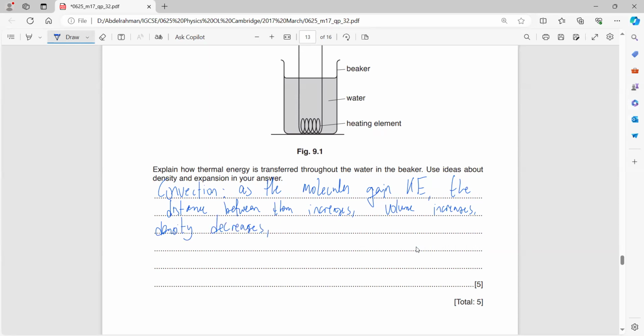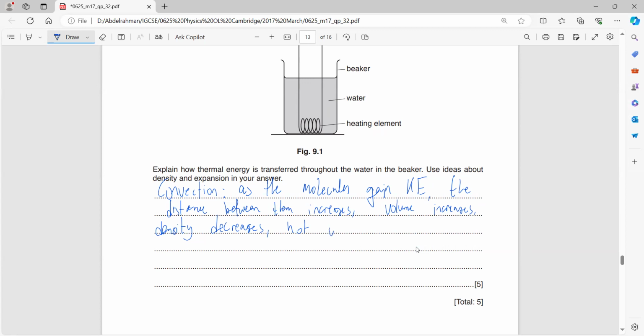Again, when the density decreases, you have to say the hot water. If you ever say that the heat rises, that's wrong. If I were the examiner, I would have failed you the whole test. What should I say? I have to say the hot water. If it was air, for example, I would say the hot air. Whatever fluid I'm talking about.